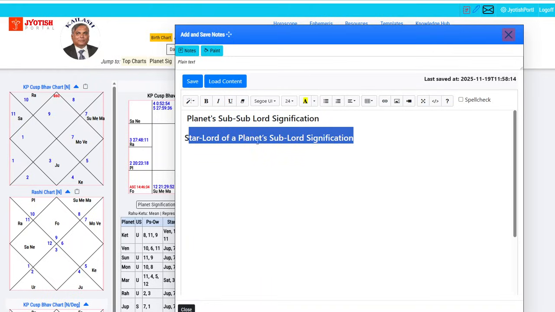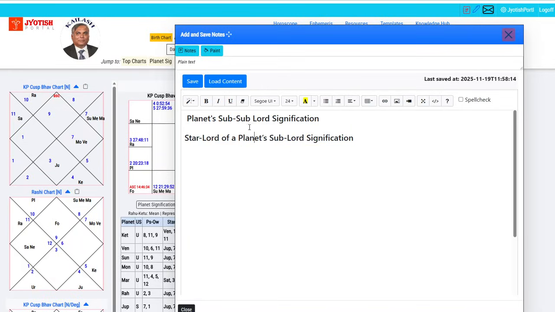Now this might sound a little complicated, but actually it's very easy. So planet sub-sublord signification is very clear. You have the signification up to the sublord, and now you can find the signification up to the sub-sublord. And then there is this particular signification, star lord of a planet sublord signification.